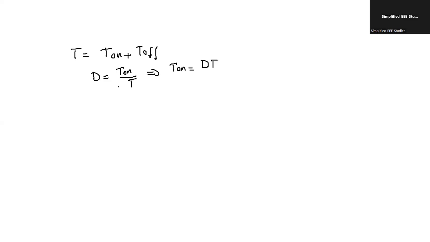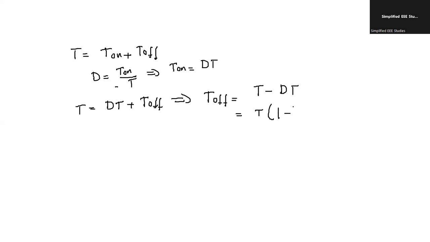So, instead of T on, I am going to put DT plus T off. From this, please separate the value of T off, because I want to replace T off in terms of duty cycle. T off is T minus DT. Now, T can be taken outside: T into 1 minus D. So we write T off, and call it equation number 4.